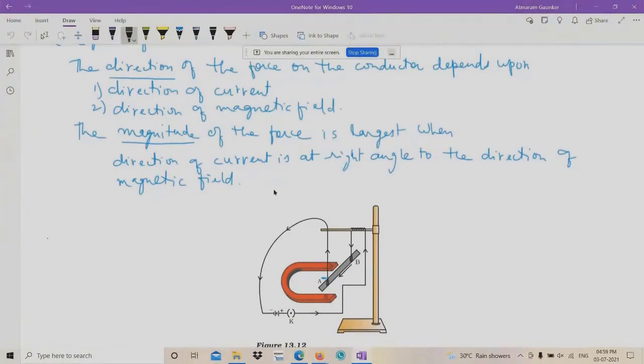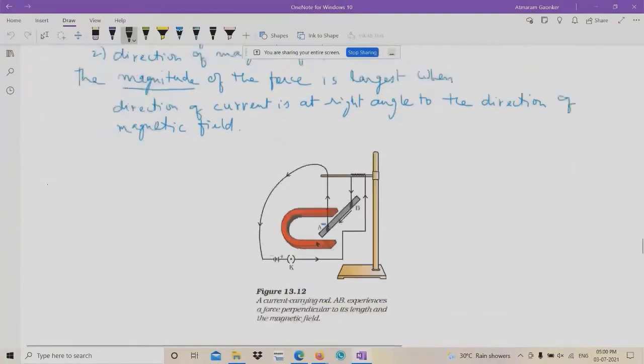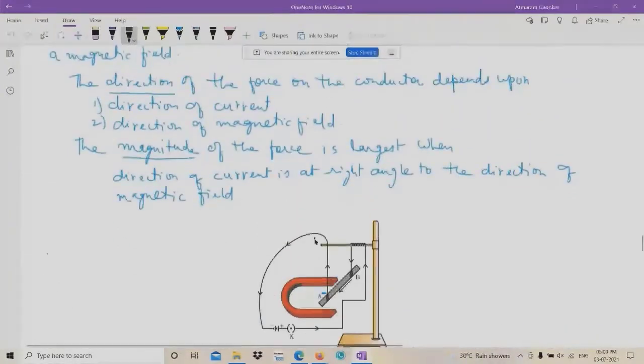So when the magnetic field and the current are at 90 degrees to each other, at that time the force exerted is maximum, and that is demonstrated by this experiment. So you have to remember only that the direction of force on the conductor changes when the direction of current changes and when the direction of magnetic field changes.